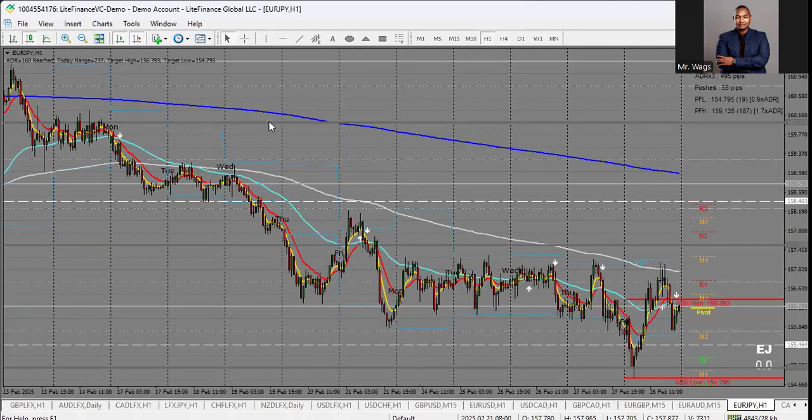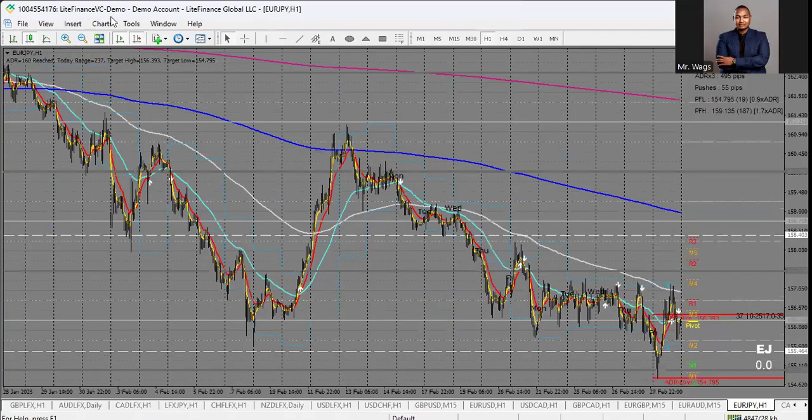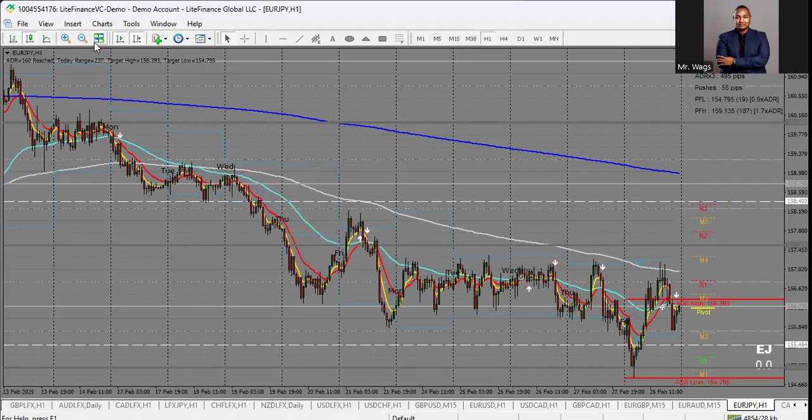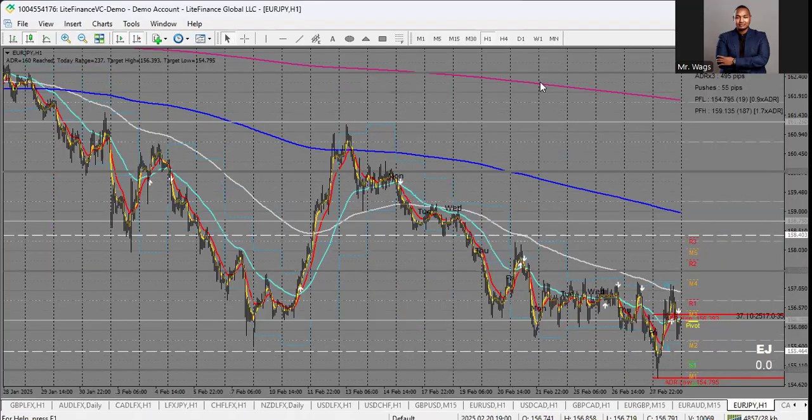So on the hour 1, we have EURJPY forming an EMA peak here, an EMA peak around this point, and we have a scenario where it's forming a reset here.